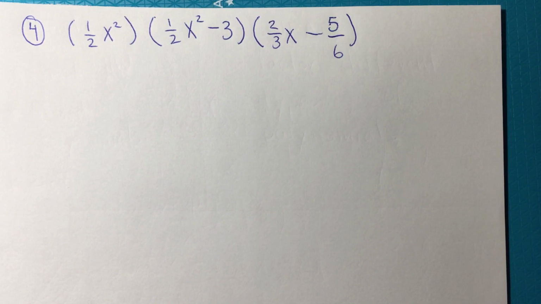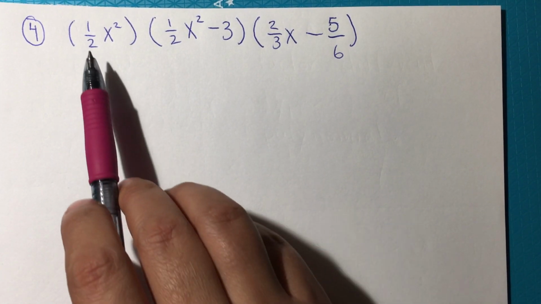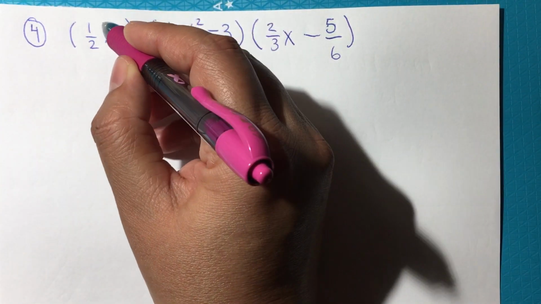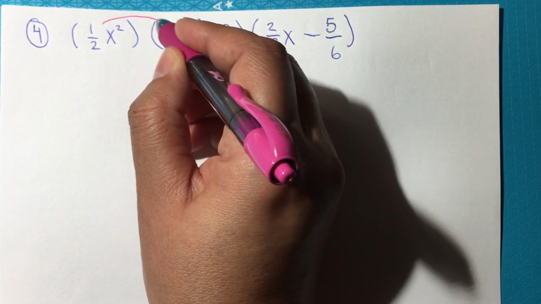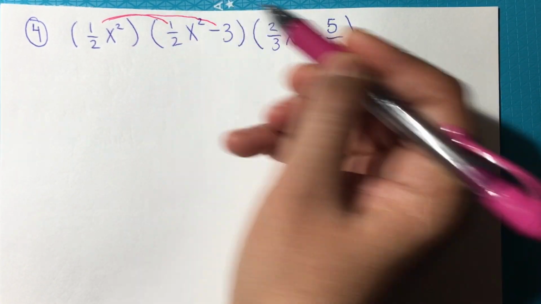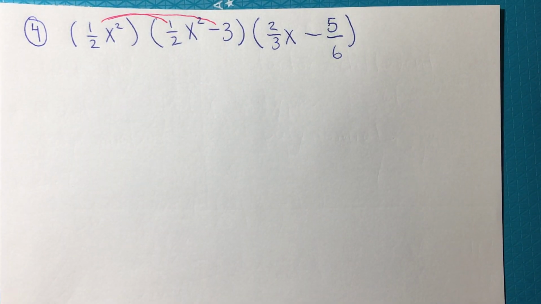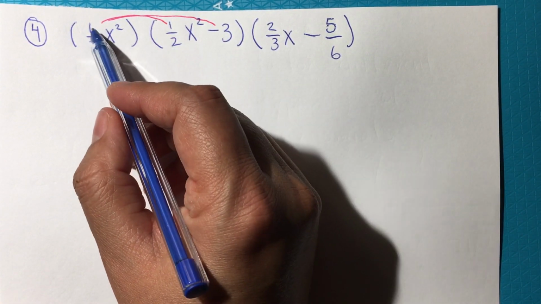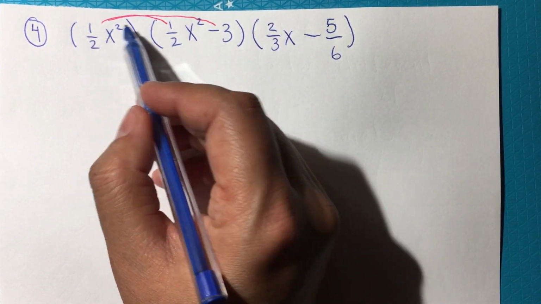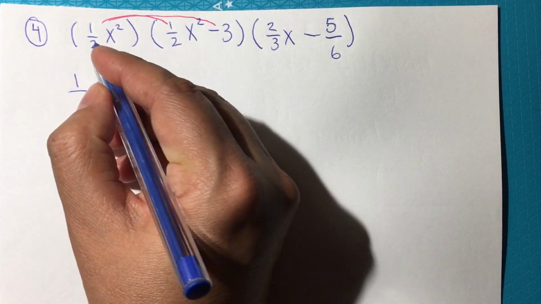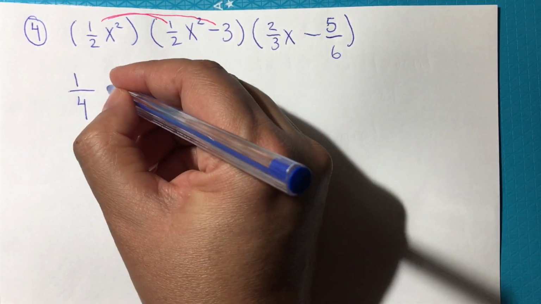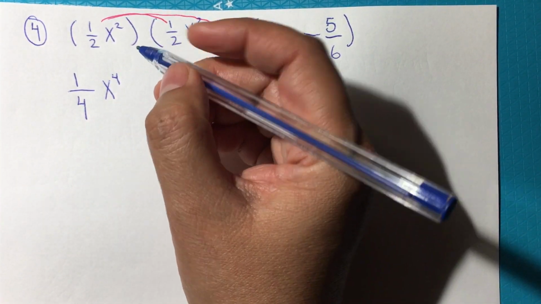The next one, we're multiplying polynomials with fractions. This is a monomial and two binomials. And so I'm going to multiply this by both terms first. And so we get, remember that in multiplication of fractions, all you have to do is multiply straight. So 1 times 1 is 1, 2 times 2 is 4, and then x squared times x squared is x to the 4th power.